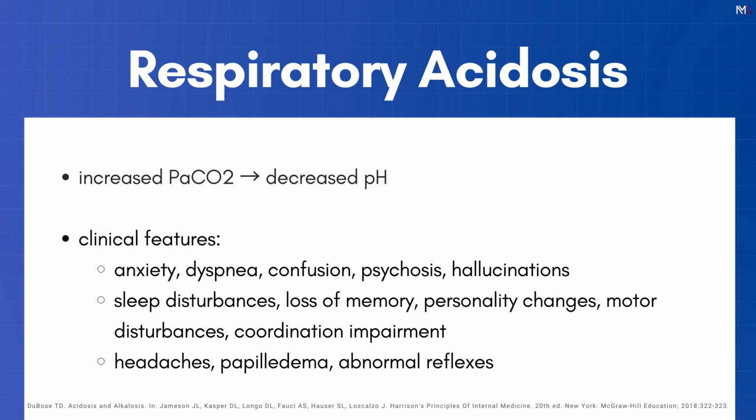Usually it presents with anxiety, dyspnea, confusion, psychosis, hallucination, and may even progress to coma due to rapid increase in PaCO2, sleep disturbances, loss of memory, personality changes, motor disturbances such as tremors, myoclonic jerks, and asterixis, as well as coordination impairment seen in chronic hypercapnia, and headaches, papilledema, abnormal reflexes due to vasoconstriction secondary to loss of the vasodilator effects of carbon dioxide.